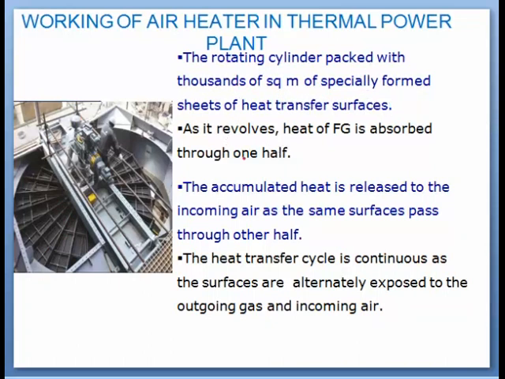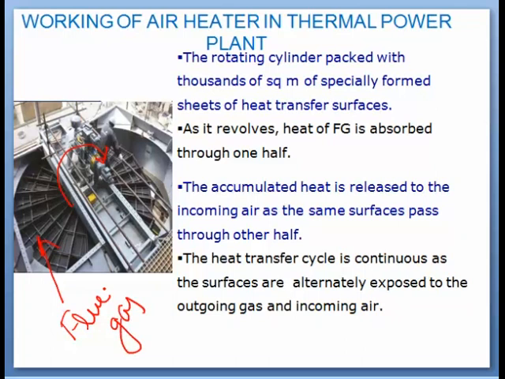As it revolves, when it rotates, here you can see it rotates like this. So during its revolution, heat of flue gas is absorbed through one half. So suppose this is the flue gas path. Flue gas is going through this.